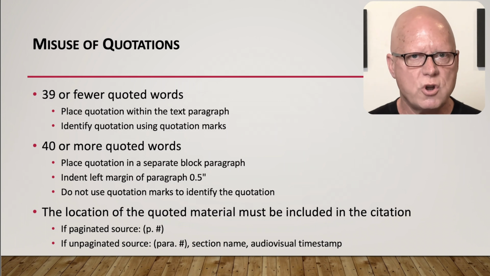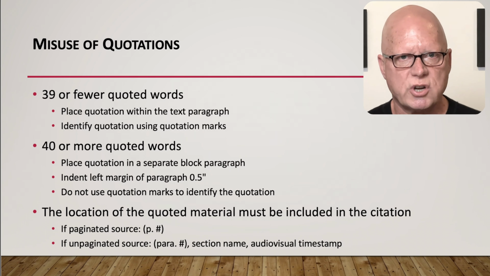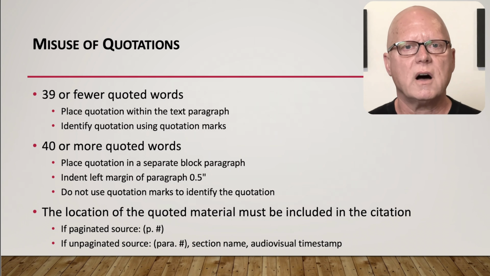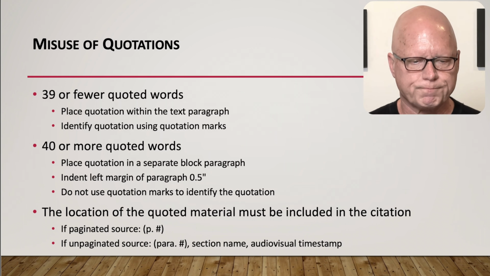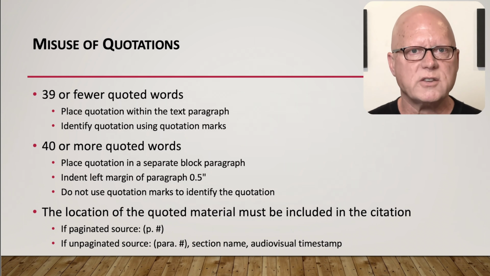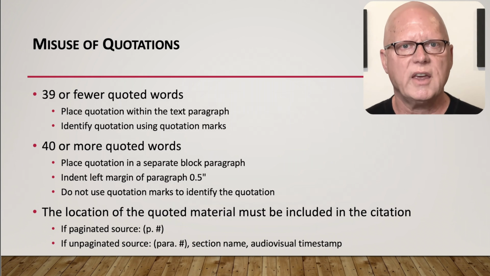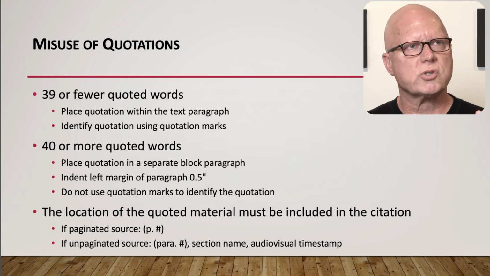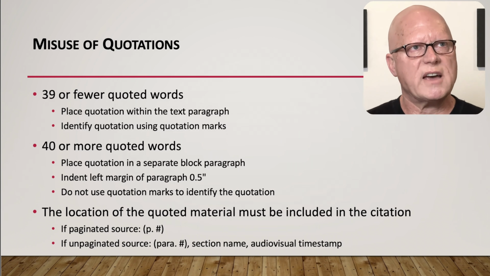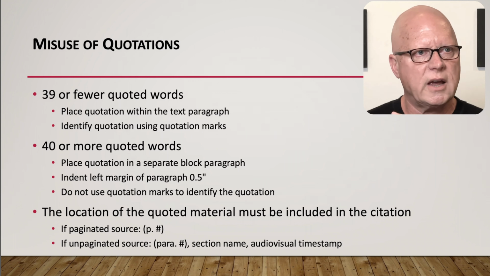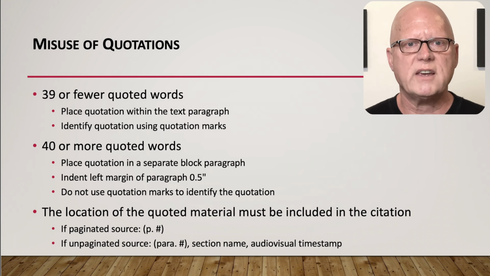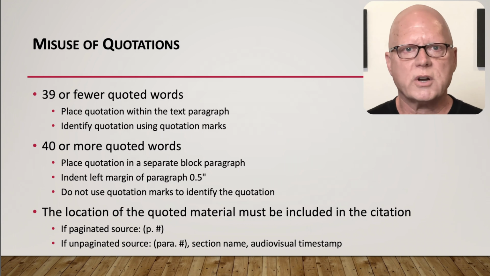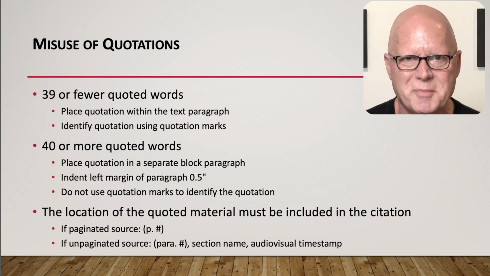And there's no additional indentation to the first line of a block paragraph. And do not use quotation marks in a block paragraph. Unless, of course, the source that you're quoting is quoting another source, and in which case that gets so weird, you ought to just not use the quotations to begin with.